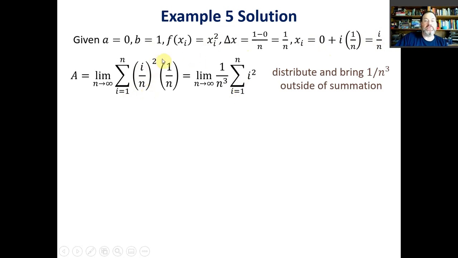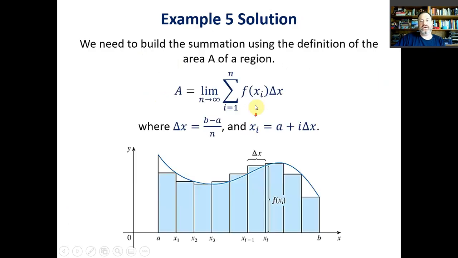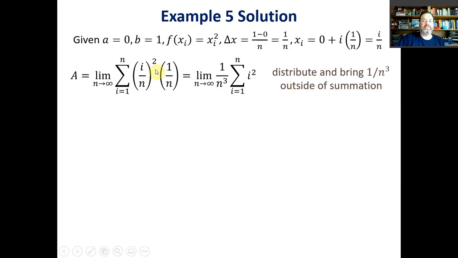This entire expression, when you're ready to do the problem, can have only n's and i's in it. It can't have any x's in it, or you won't be able to do it. So you have to substitute all the x's out. And then delta x, sorry, I went back, here's delta x, it's just 1 over n.